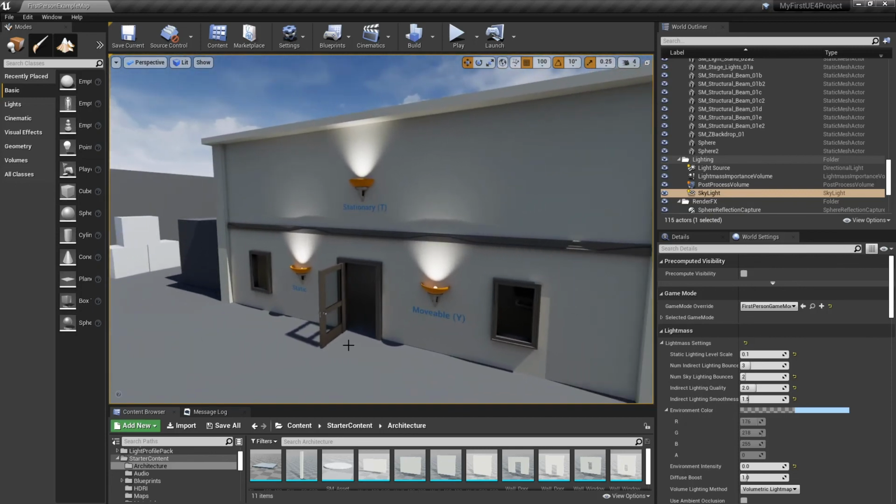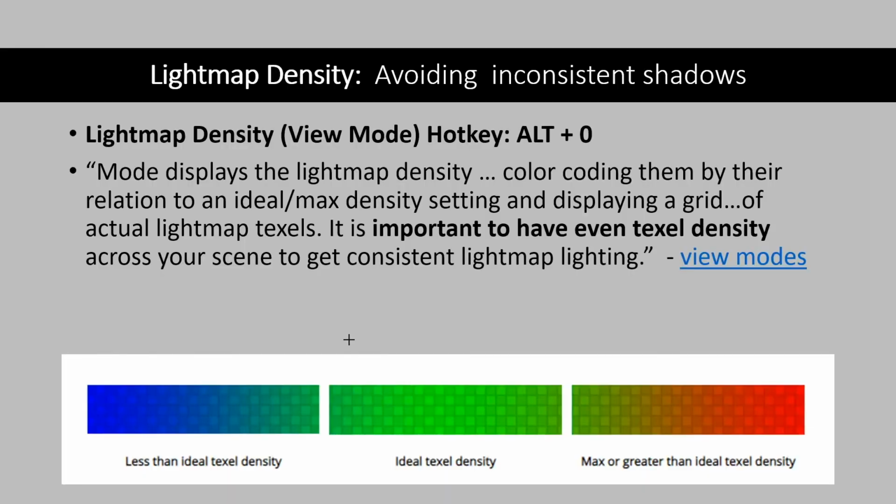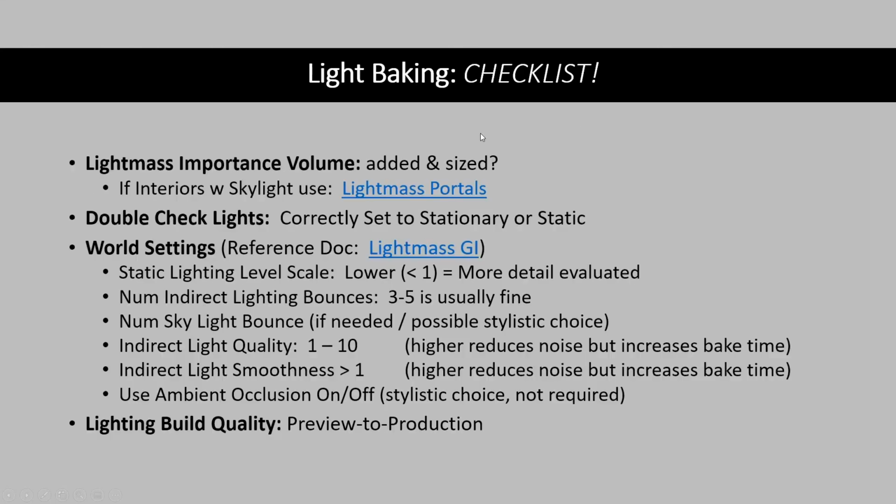So we started by talking about light map density and adjusting our texel density, texture resolution on our meshes in our scene towards an ideal texel density using the view mode Alt-0. We went over a light baking checklist, making sure we had our light mass importance volume there. We also used light mass portals.